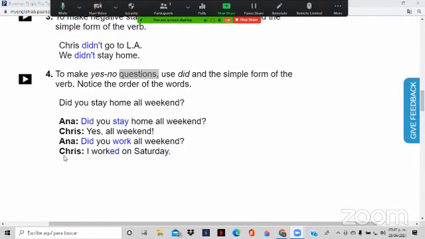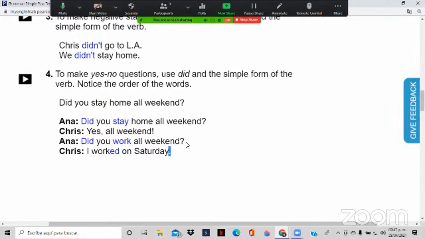Ok, so here voy a tomar el ejemplo de Chris. Aquí tenemos una oración en positivo, es decir, un statement. Y aquí dice, I worked on Saturday. Simplemente dice que yo trabajé el sábado. No necesito otra cosa. ¿Por qué? Porque estoy enunciando, afirmando que hice una actividad ya pasada.